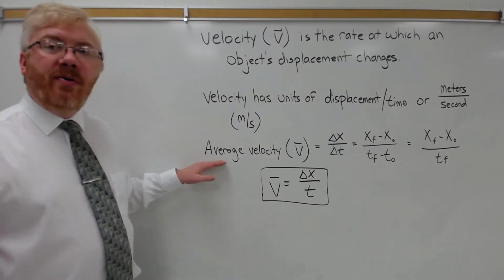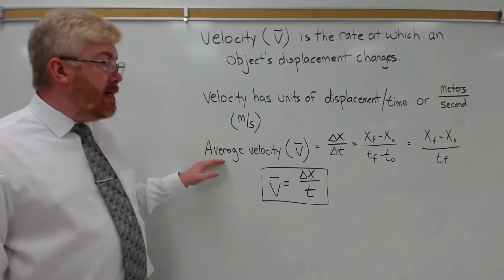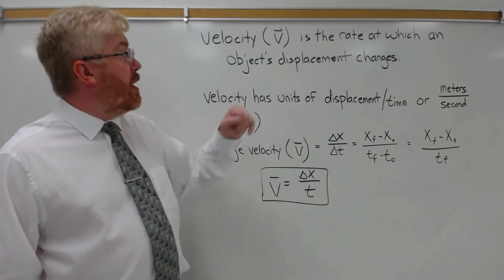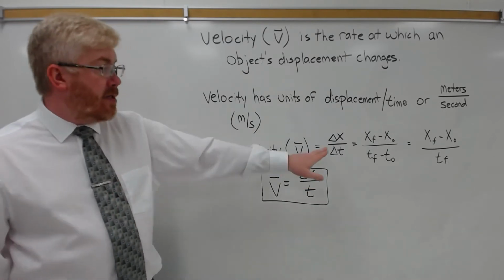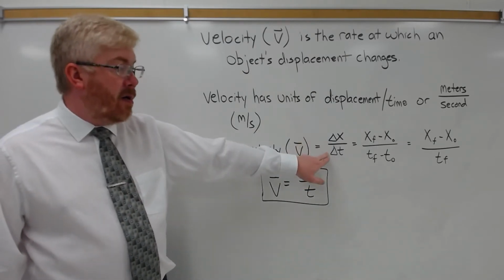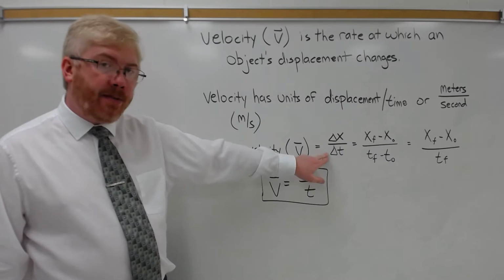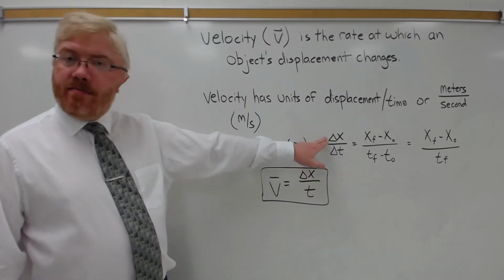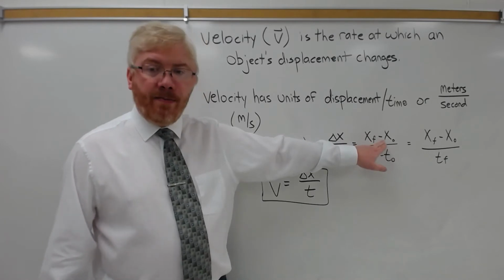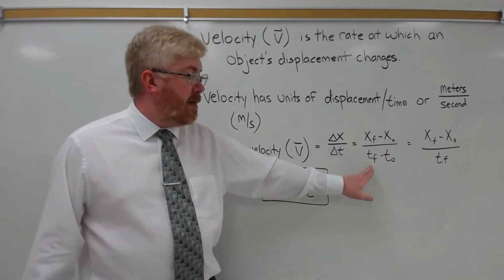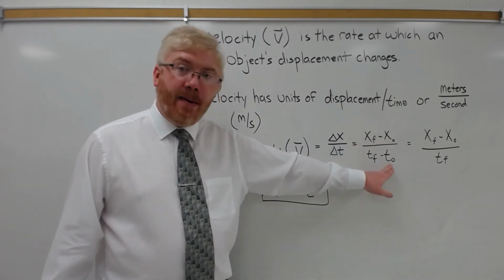Now, average velocity is the rate, again, at which an object's displacement changes, measured at 2 positions. So it's the displacement over the time elapsed. If you go back to the last video, displacement is final position minus initial position. Time elapsed is final time minus initial time.